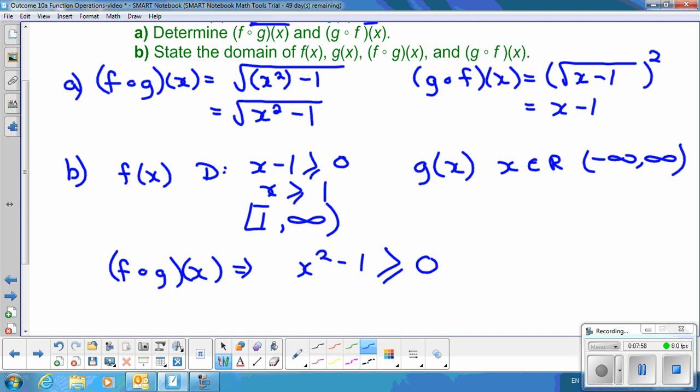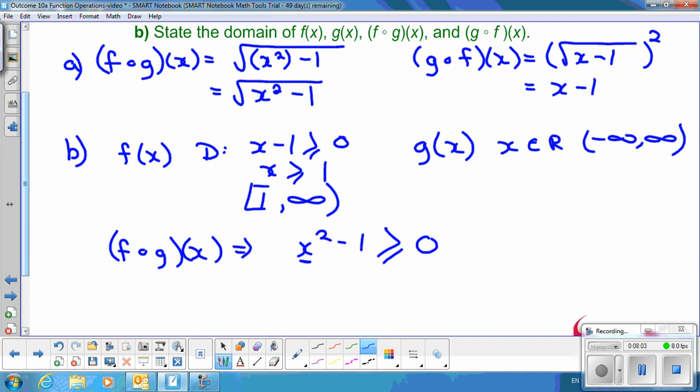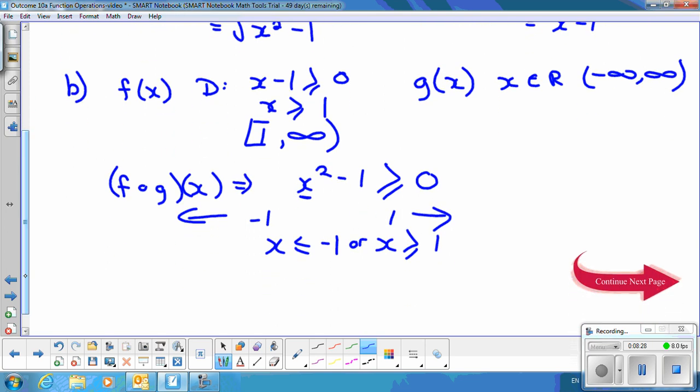And the only way it's not greater than or equal to 0 is if we substitute values in for x squared in between negative 1 and positive 1. Anything in there, when we subtract 1, we will end up with a negative value. So this means that x has to be less than or equal to negative 1, right? We want something outside here or this way. And x has to be greater than or equal to positive 1. So there are our restrictions on our domain. We can write it as negative infinity to negative 1, or 1 to positive infinity.